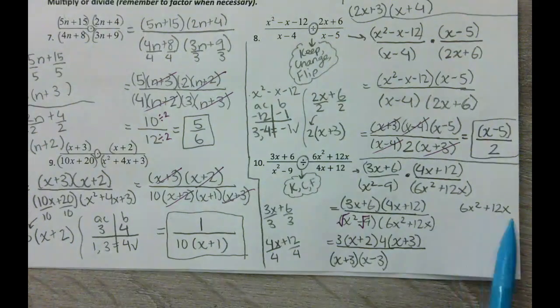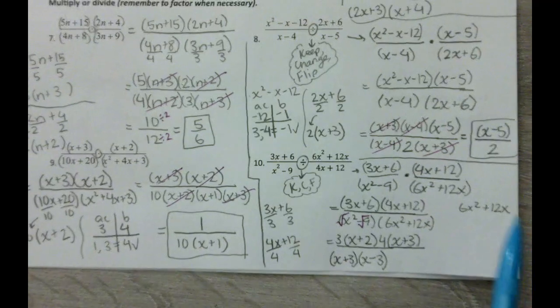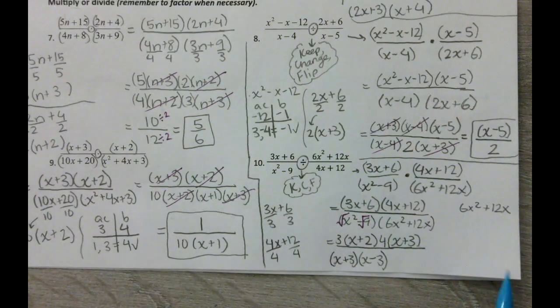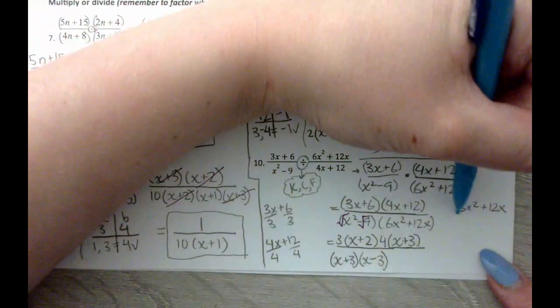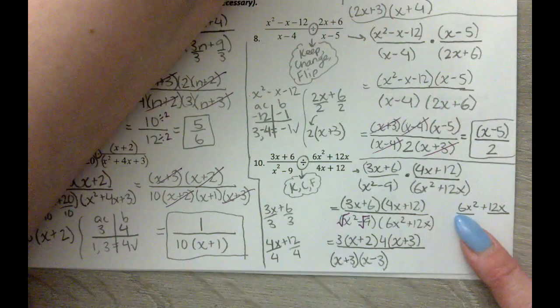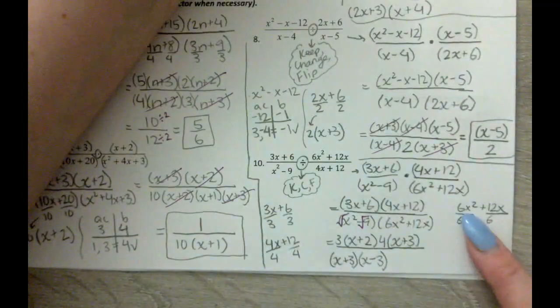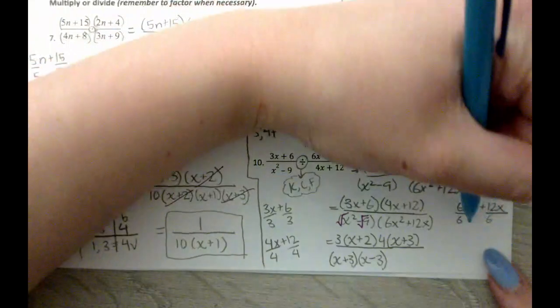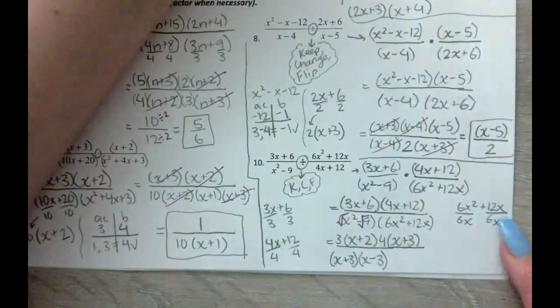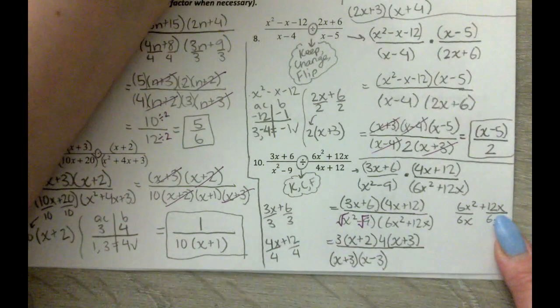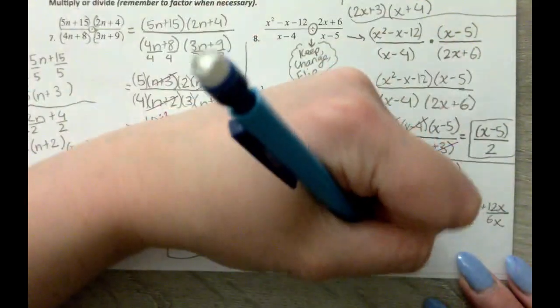Once again, we've got two terms, not a trinomial, so let's look for a GCF because they're not being subtracted like the difference of squares was. They do have a GCF. 6 goes into 6 and 12, so divide by 6. On top of that, they both have an x term, so we can pull out x. And it will just be 1x because that's the smallest term. So I'm going to pull out 6x.